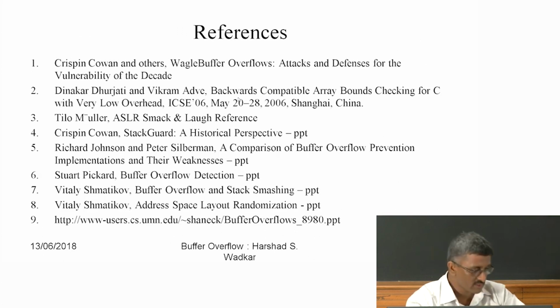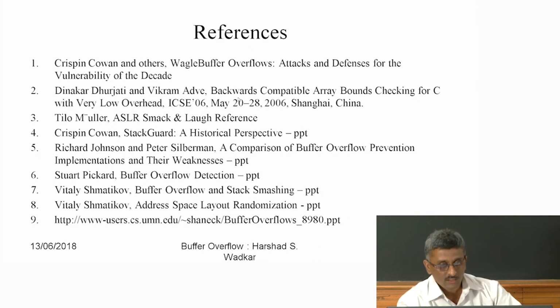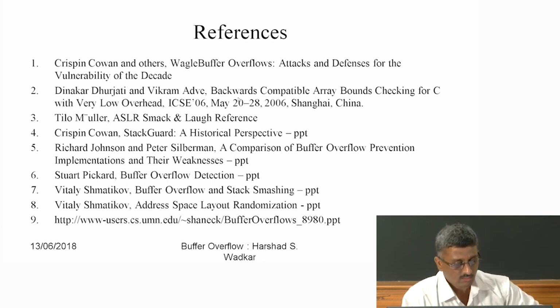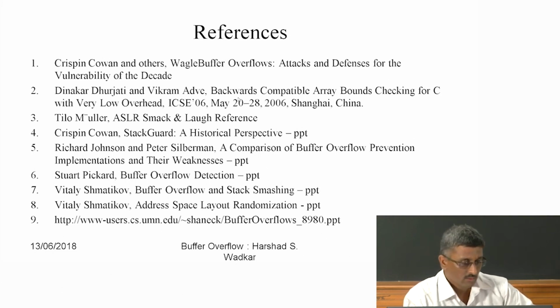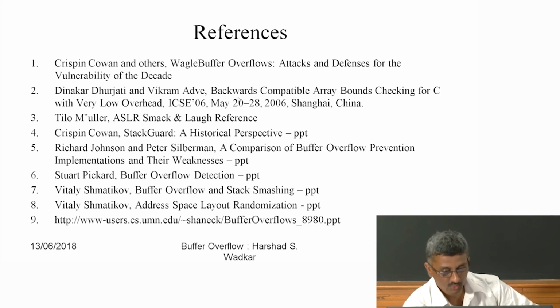These are some of the references that I have used for preparing this. There is a book, something like Mastering Shellcode. If I want to start writing shellcodes, that is a very good book.